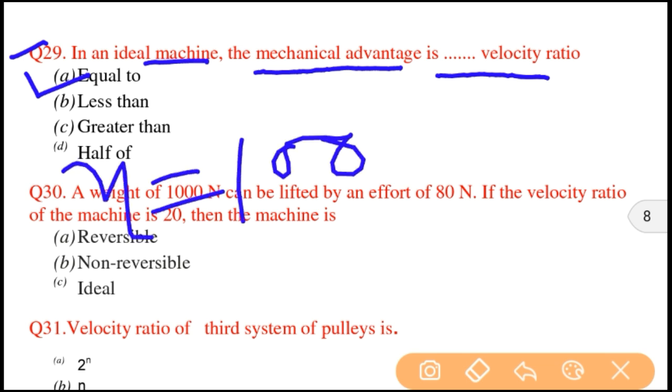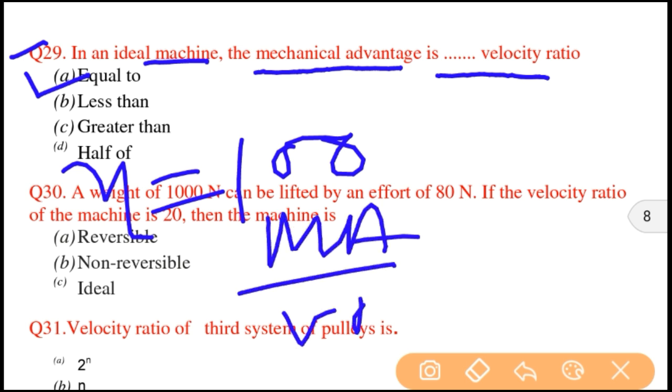Efficiency will be 100% when MA divided by VR equals 1. So MA equals VR into 1, that is MA equals VR. So the mechanical advantage and velocity ratio are equal.